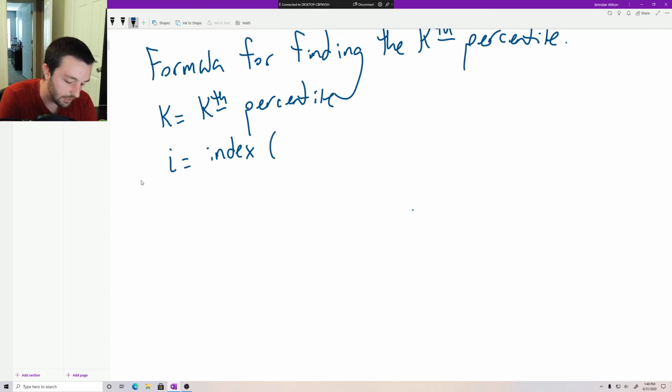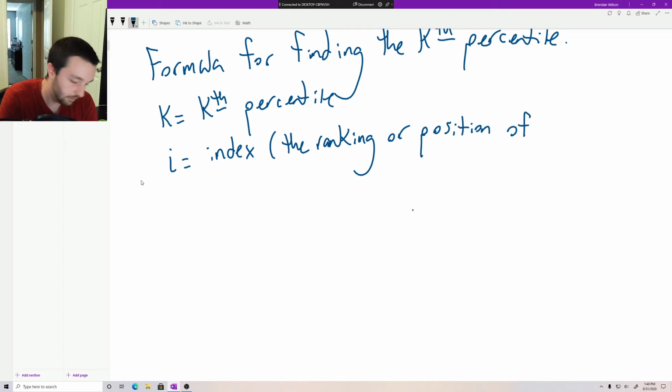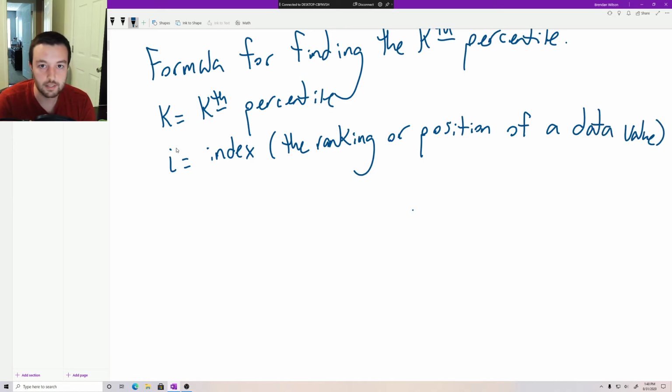I equals the index, which is the ranking or position of the data value. So this means if you put them in order, what number is it?